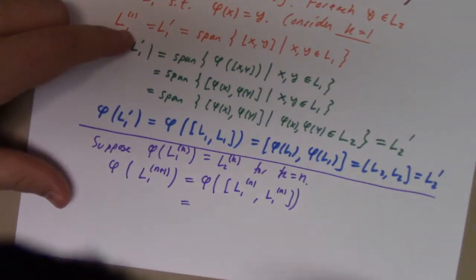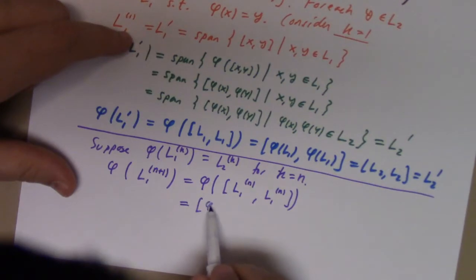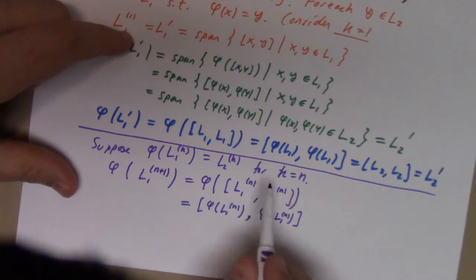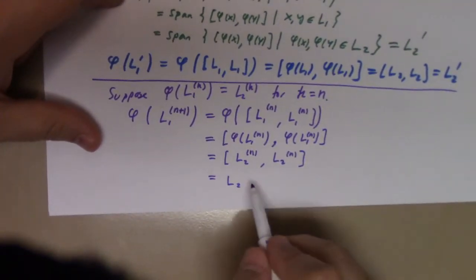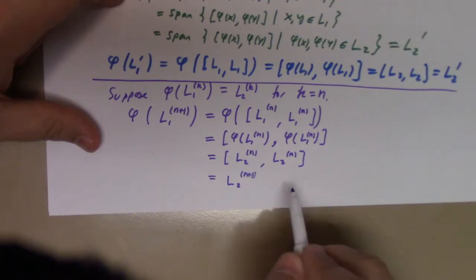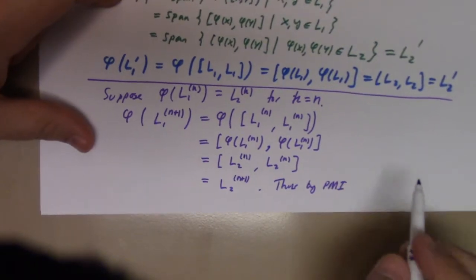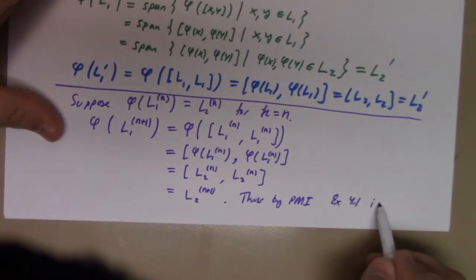We're just looking at a restriction to a subset, so they still have the homomorphism property. So that's the bracket of phi of L1 of n with phi of L1 of n, which by the induction step is equal to the bracket of L2 of n with L2 of n, which is exactly the definition of L2 of n plus 1. So thus, by proof by mathematical induction, this exercise 4.1 is done.